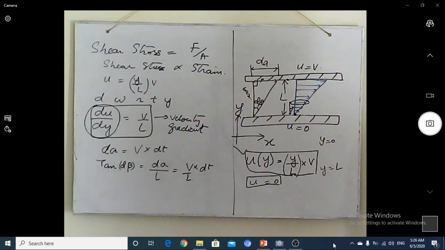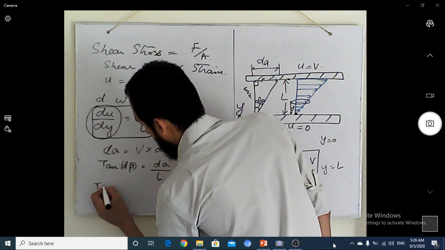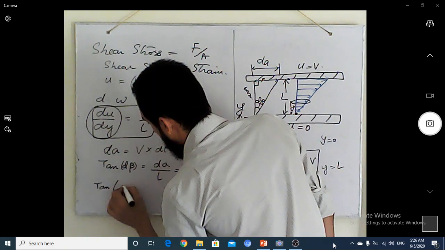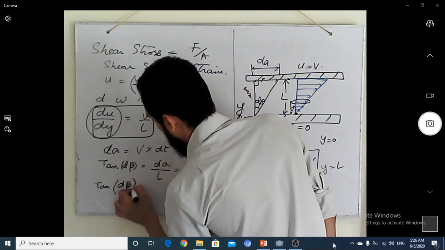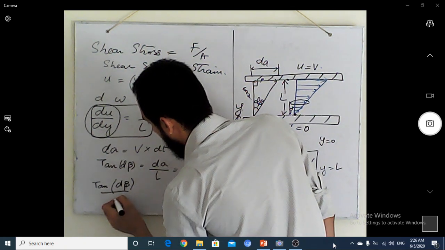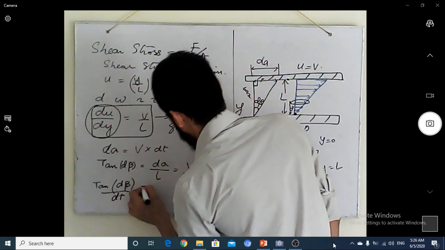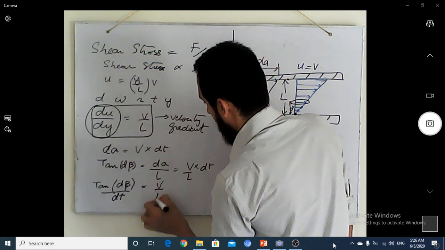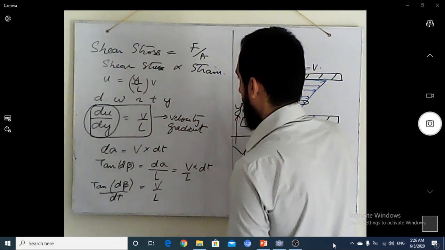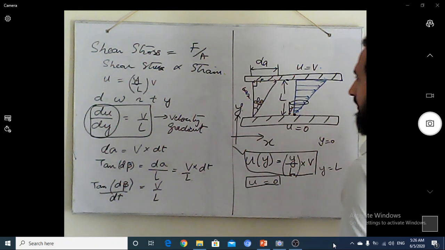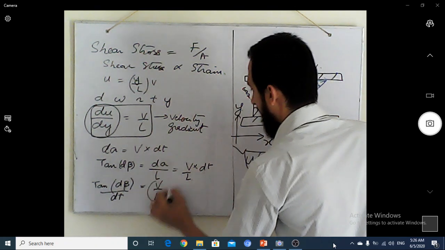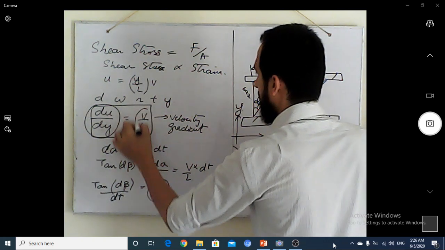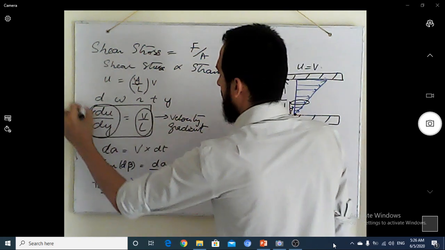It can also be rearranged so that tan d beta over dt equals V over L. And again, V over L is exactly equal to the velocity gradient.